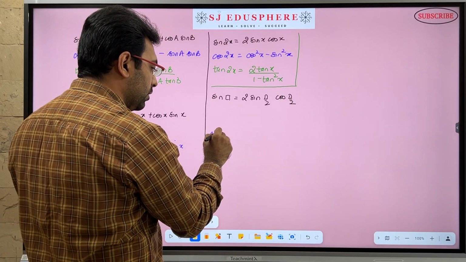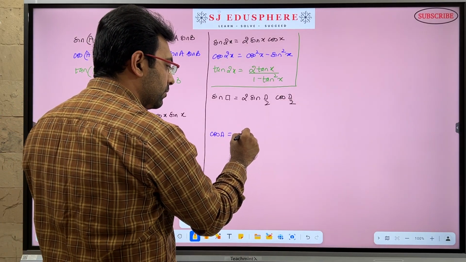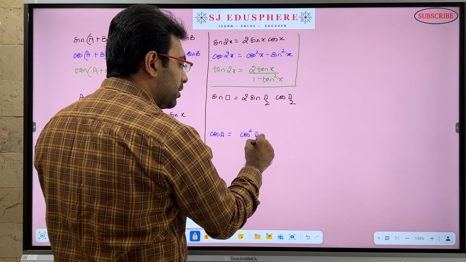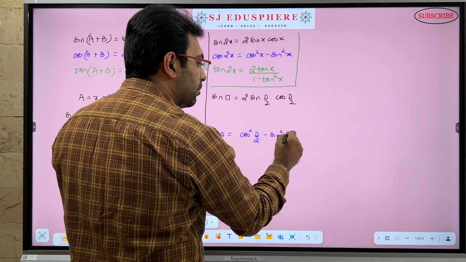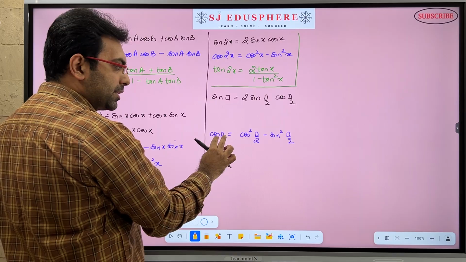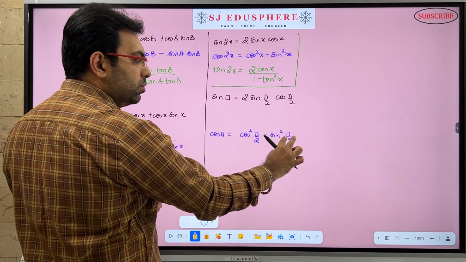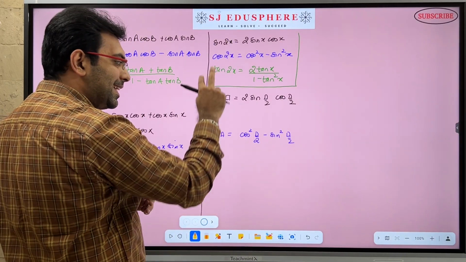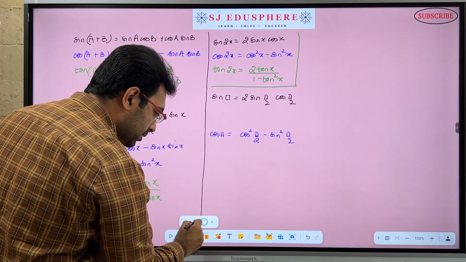Similarly, cos box is cos square box by 2 minus sin square box by 2. Here if you put 2x, this is 2x by 2 and 2x by 2. It's exactly the same formula, students.